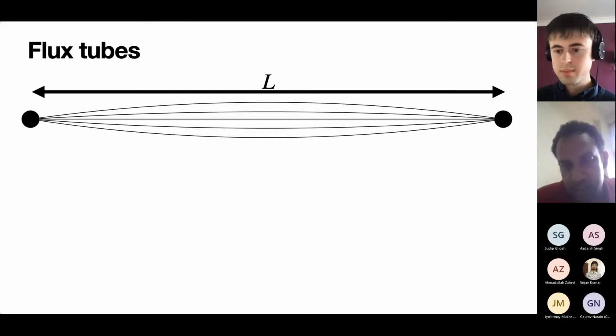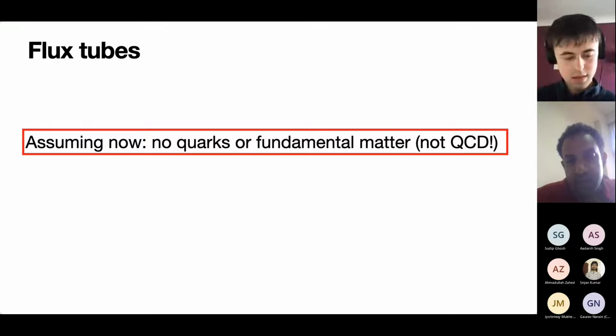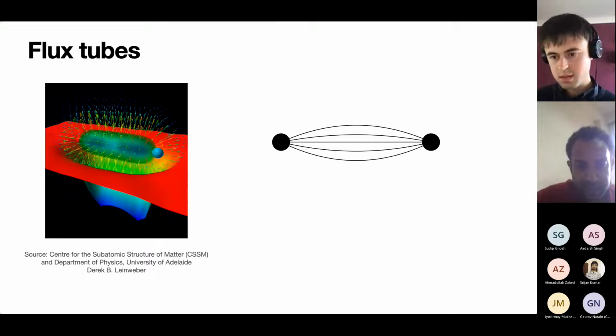The simulation that you showed from Adelaide, the one with the red color, is it a real-time simulation, or what is it? I think this is a still from a real-time simulation. So it's not like Euclidean lattice gauge theory. It is really like you're seeing the dynamics of flux tubes. Okay, cool. Can you say one or two words about what makes real-time physics accessible?